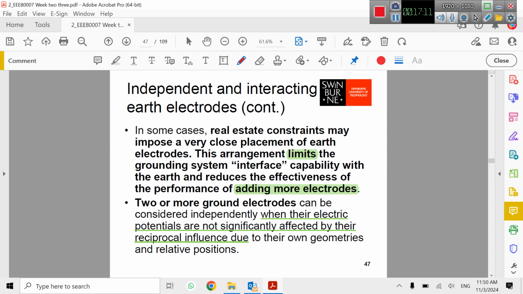So in that case, you have to consider another way of reducing the RG if you need. Two or more ground electrodes can be considered independently when their electric potentials are not significantly affected by their reciprocal influence due to their own geometrical and relative positions.